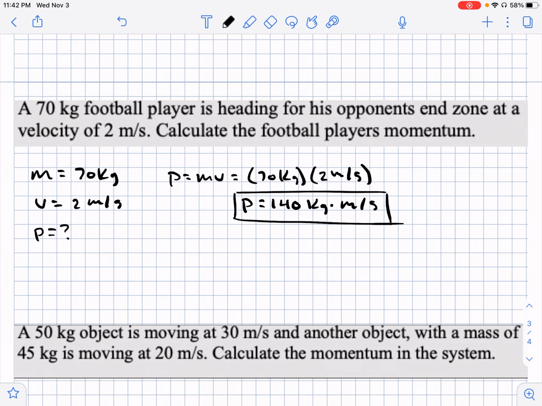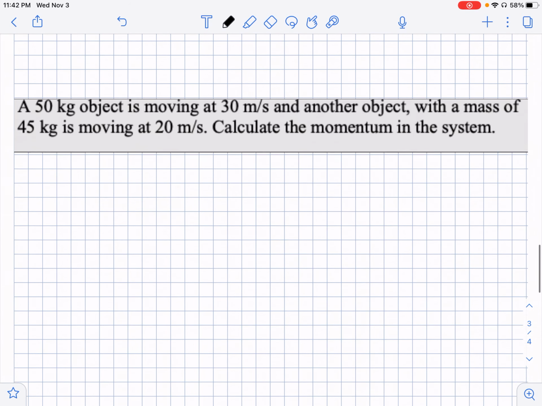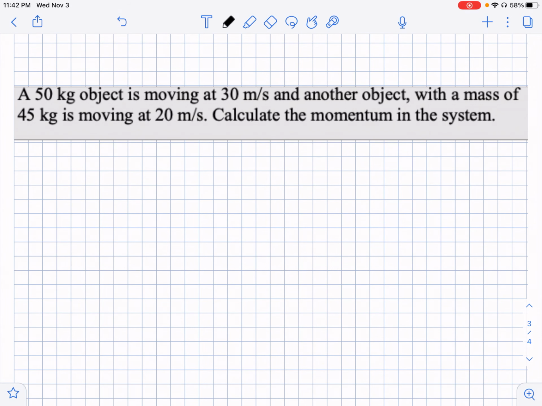Now that's finding the momentum of one object. Let's look at a system here that consists of two objects. So we have a 50 kilogram object, it's moving 30 meters per second. And then we have a 45 kilogram object that's moving 20 meters per second. And we want to find the momentum of this system. So we're going to write down what we know. Since we have more than one object, we want to be able to identify those objects.